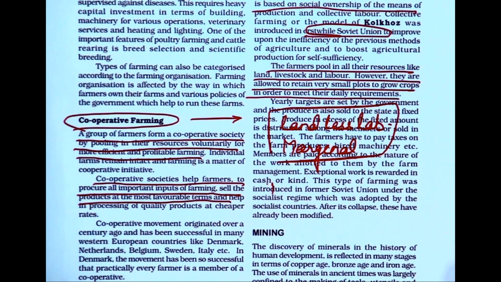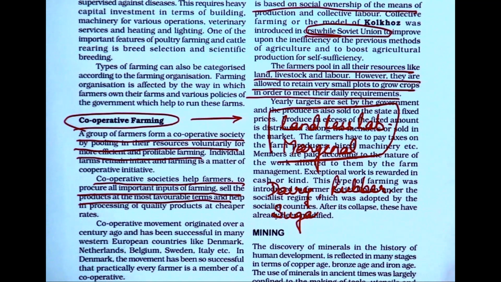So dairy cooperative, rubber cooperative, sugar cooperative are the essential, successful examples of cooperative farming in our country. Dairy essentially goes to Gujarat, rubber Kerala, no prize for guessing, and sugar Maharashtra. These are important examples of successful implementation of the practices.